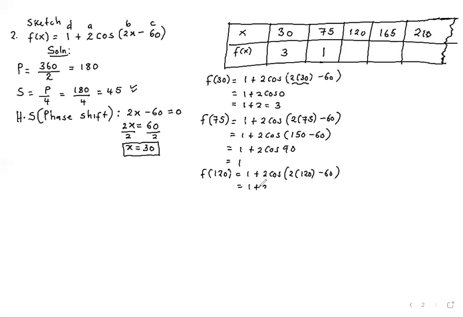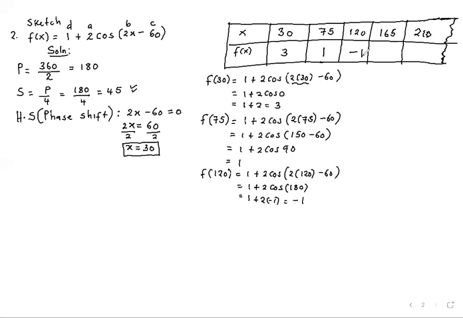That is 1 plus 2 cos (240 minus 60). That is 180. This is -1. So we get -1.